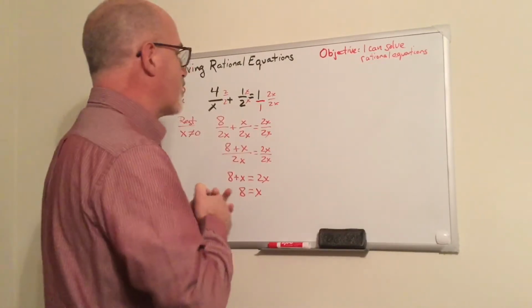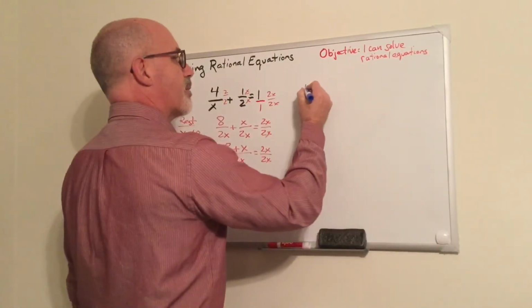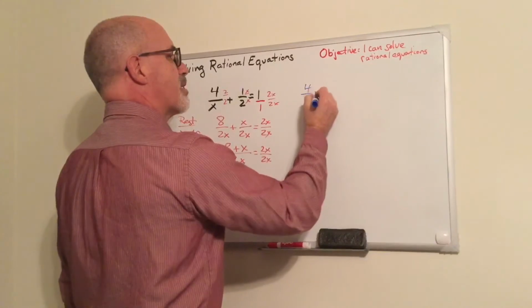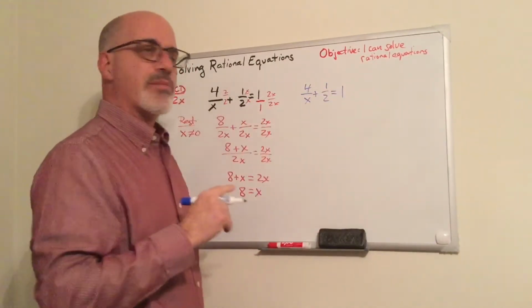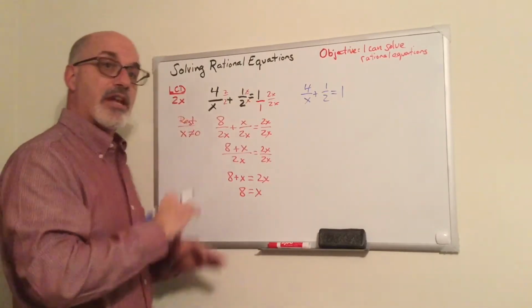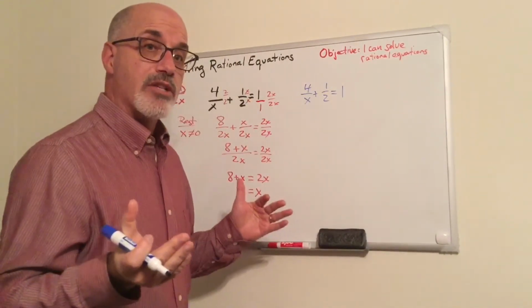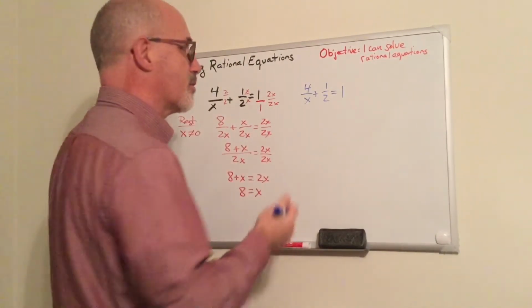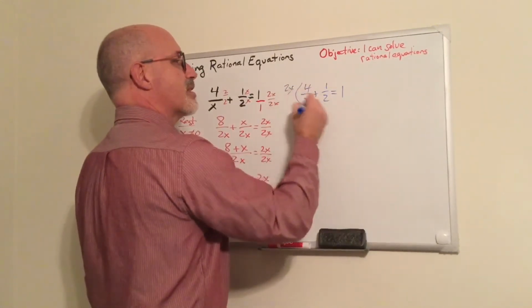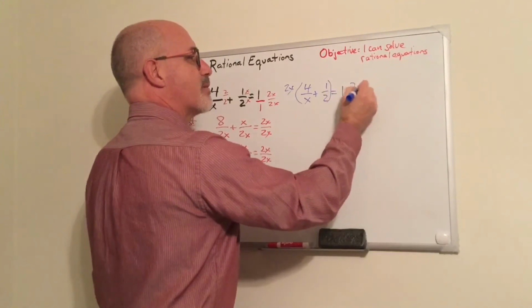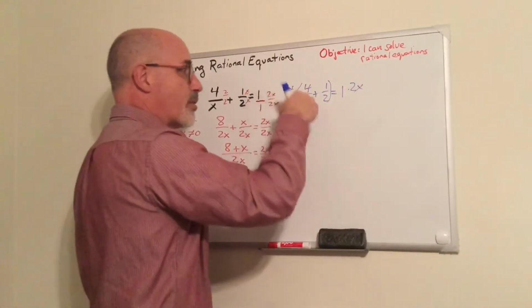The way to do it is, if we take this original problem, 4 over x plus 1/2 equals 1, and multiply by that least common denominator on both sides of the equation, it speeds up the process a little bit. So I'm going to take 2x times this side and 2x times this side, and distribute it to both of these.